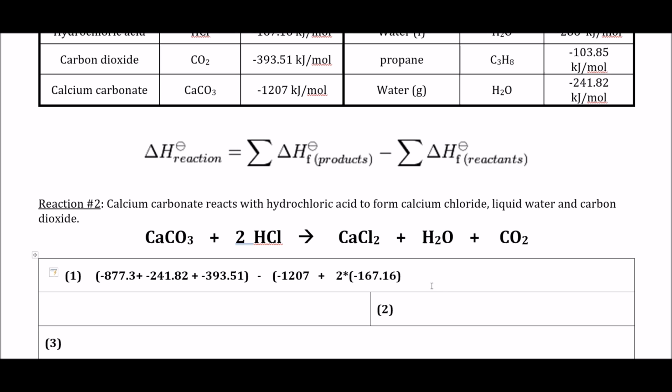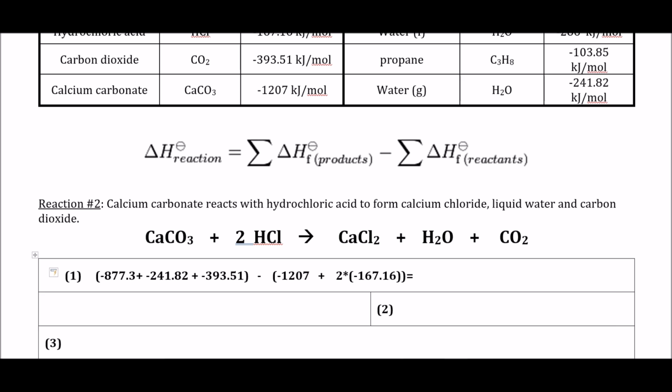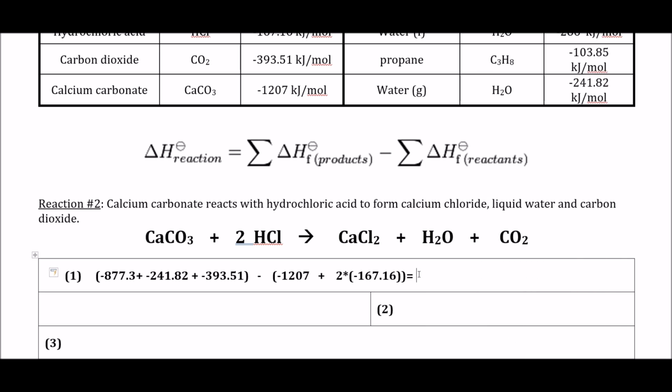And there's that. So let's go ahead and type that in the calculator. Take a moment to do that, and I will put the answer up in just a moment. Alright, so what I end up getting is 28.69, and that is the answer that I get when I type that in the calculator.